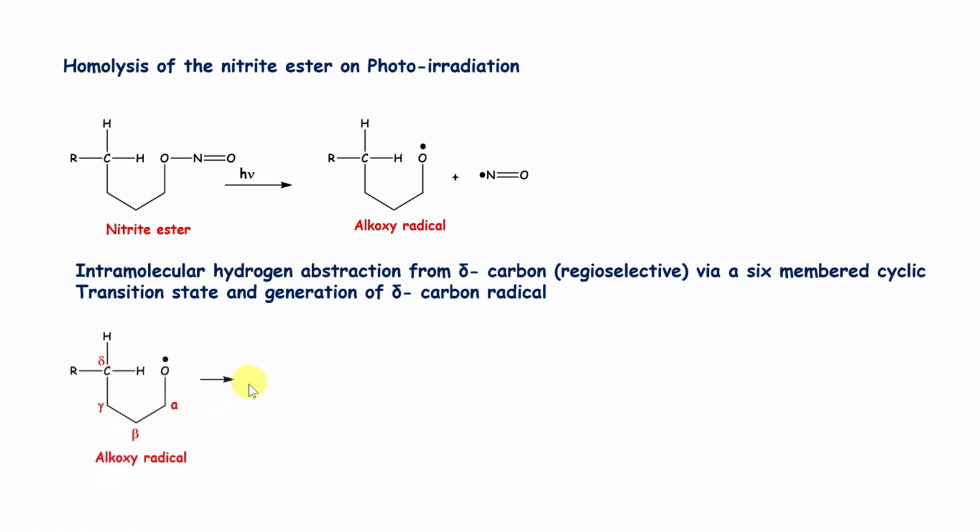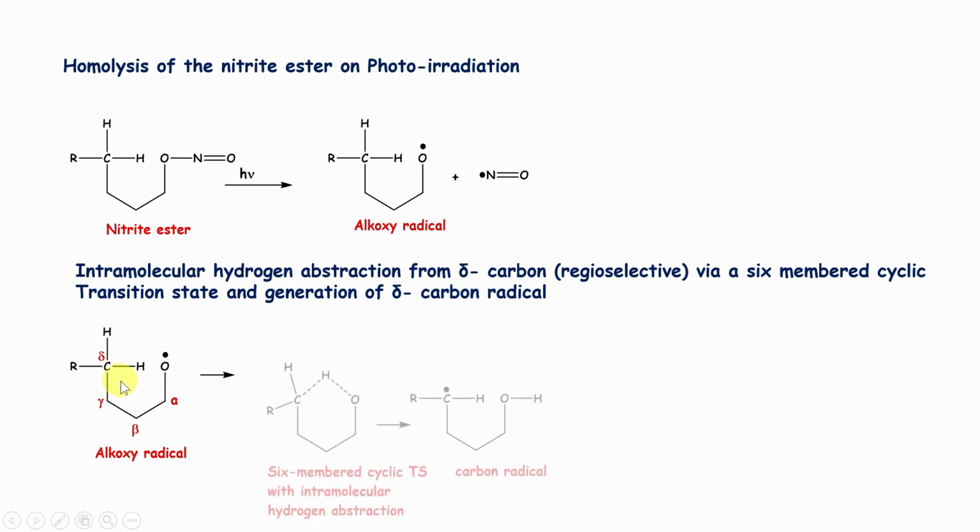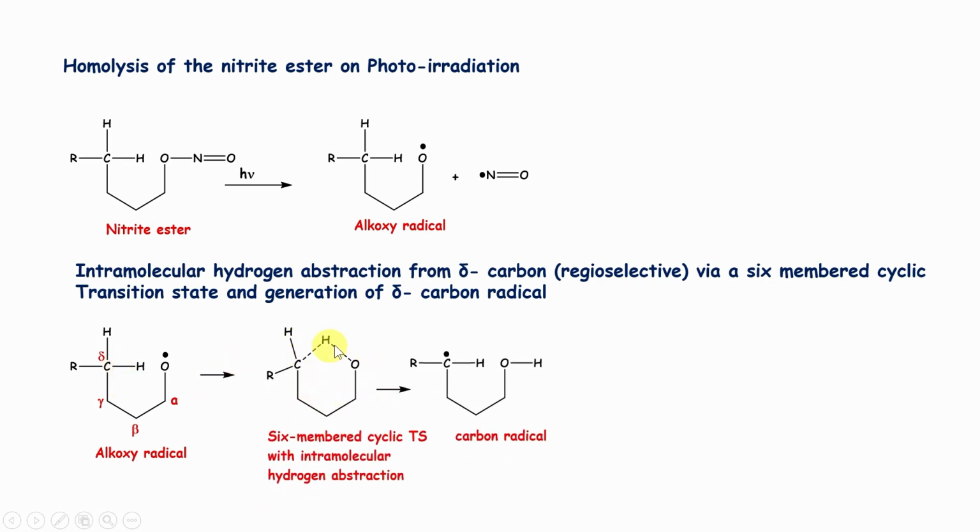That is, here this alkoxy radical abstracts the delta hydrogen atom, the hydrogen atom at the delta carbon atom, via a six-membered cyclic transition state, thereby forming a delta carbon radical like this.